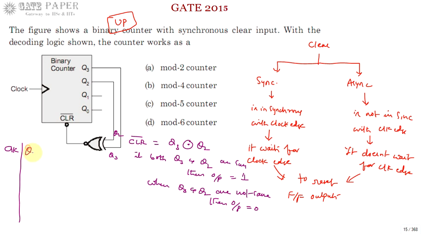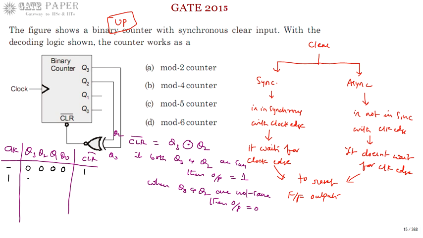Next we look at Q3, Q2, Q1, Q0 with clear bar. Now we are not applying any clock pulse; by that time it has become reset. Initially we assume the counter starts from the 0000 state, and since Q3, Q2 are the same, the output of the XNOR gate is 1. So clear bar is 1 and it performs normal counter operation, that is, it waits for the clock edge.